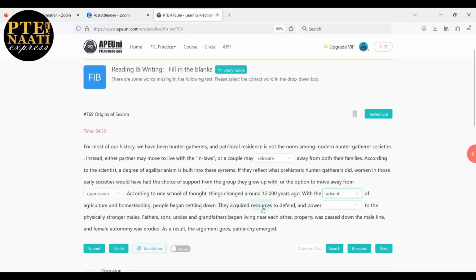They acquired resources to defend, and power and land went to the physically stronger males. The others are actually unnecessary details. Fathers and sons lived near each other, and property was passed down the male line.